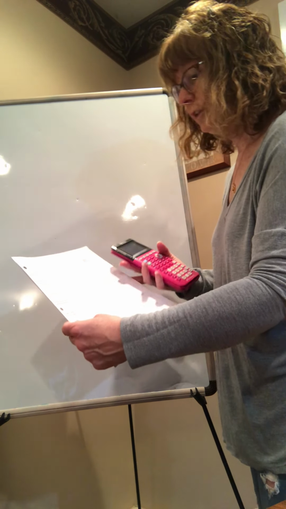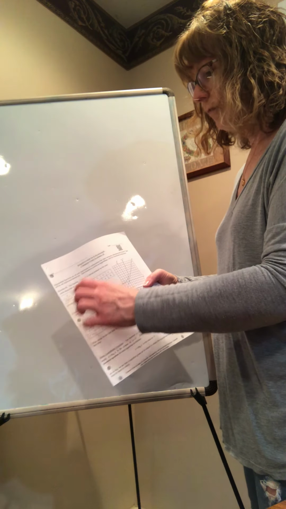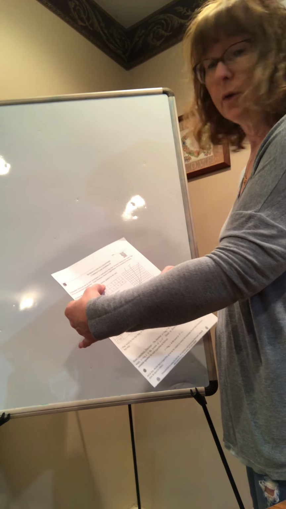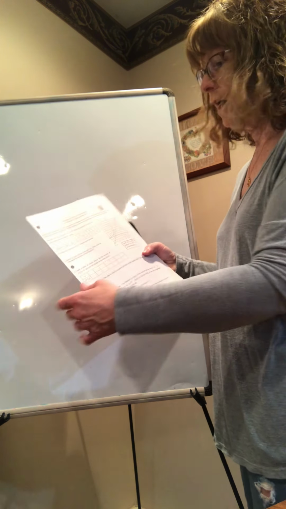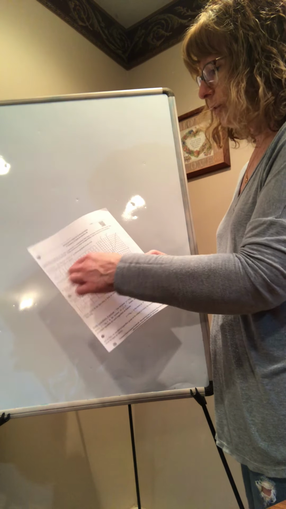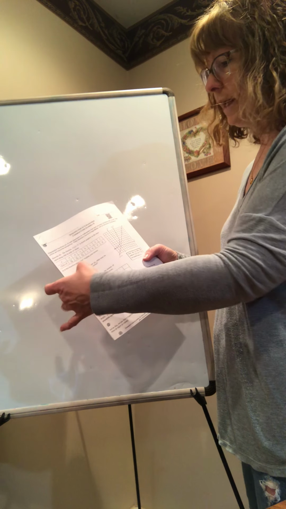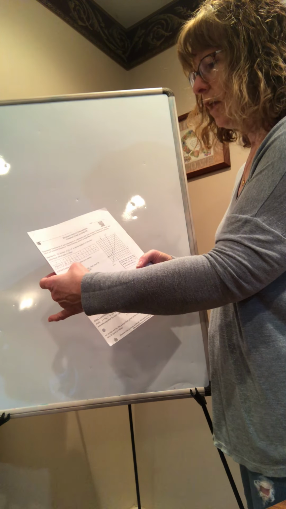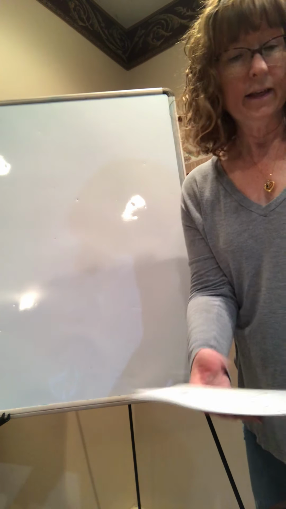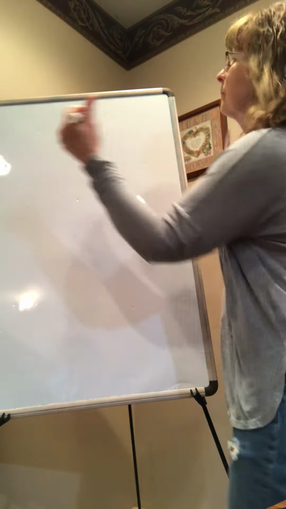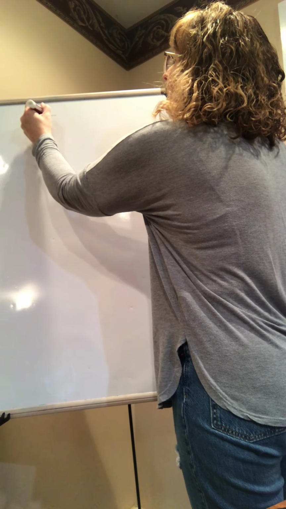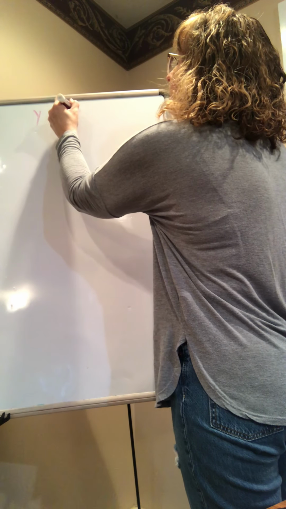The first question is talking about the graph of the exponent 2 to the x power, and they gave you the table and they gave you the graph. Now, I'm not going to draw the picture, but I am going to start talking about, again, the one-to-one function. Is this exponent y equals 2 to the x?